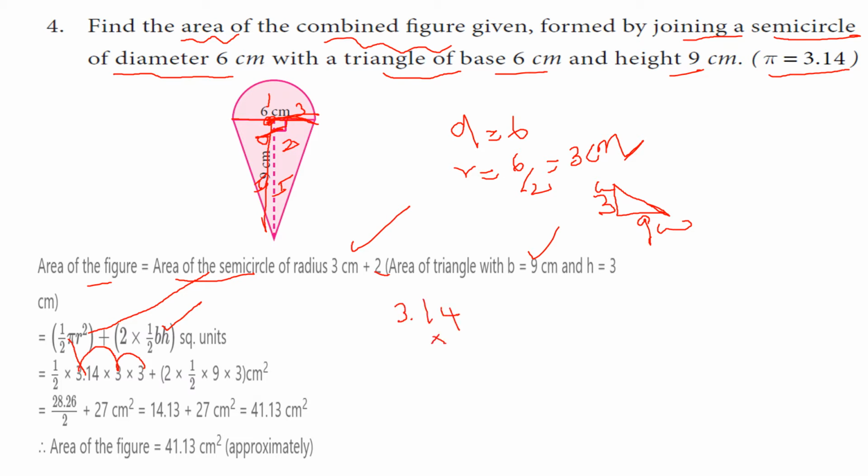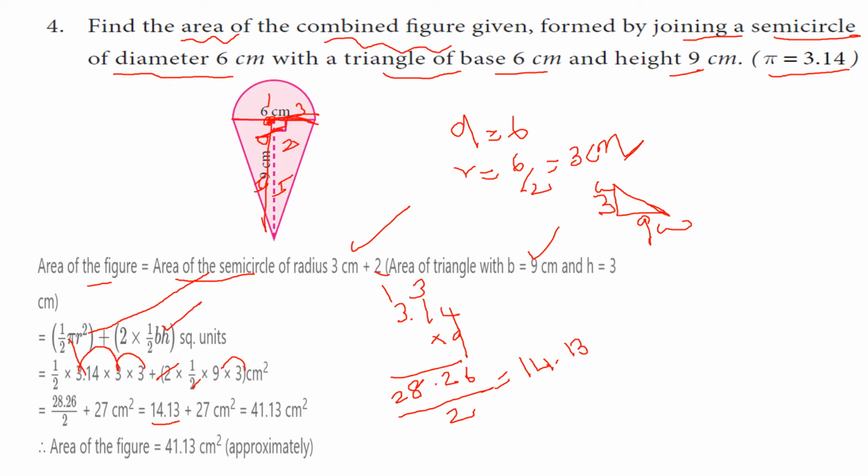So 9 4s are 36, 3, 9 1s are 9 plus 3, 12. Point, 9 3s are 27 plus 1, 28 by 2. By 2 means 1 2 is 2, 4 2s are 8, 1 2 is 2, 3 2s are 6. So 14.13. Here also 2 and 2 cancel. 9 3s are 27.